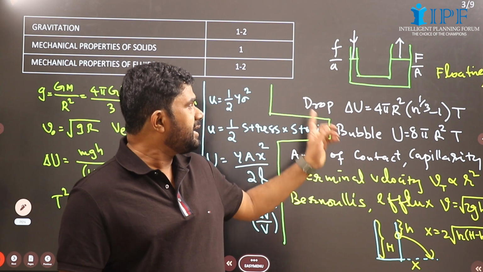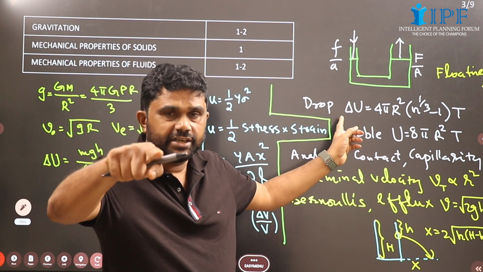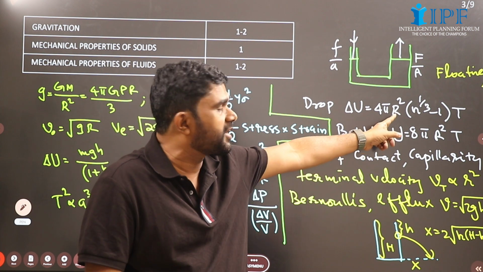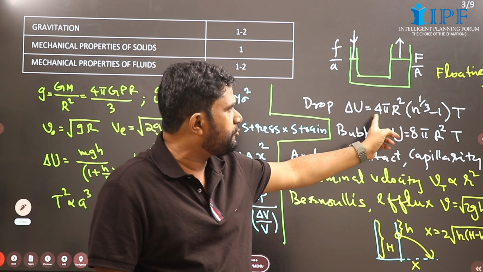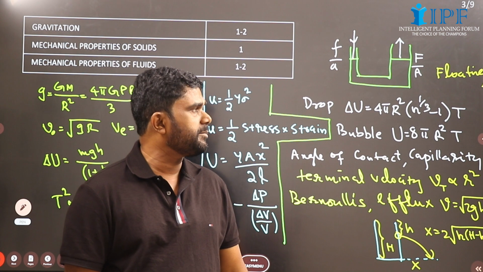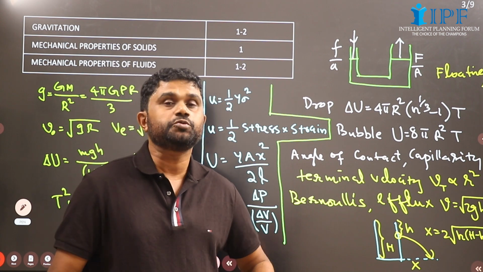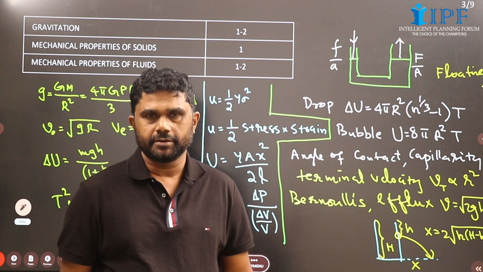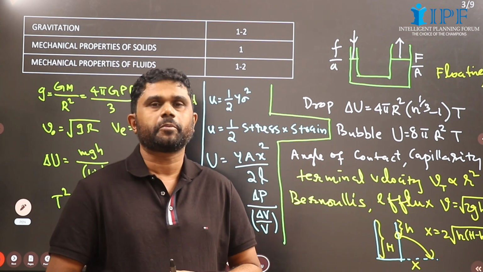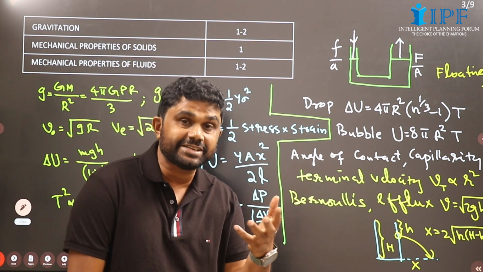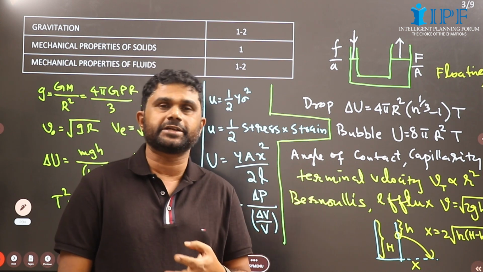And that decrease in potential energy, when n identical droplets combine to form a big drop of radius capital R, will be 4πR²(n^(1/3) − 1)T, where T is the surface tension. Usually 1000 droplets combine, or 125, or 27, or 8 droplets combine.